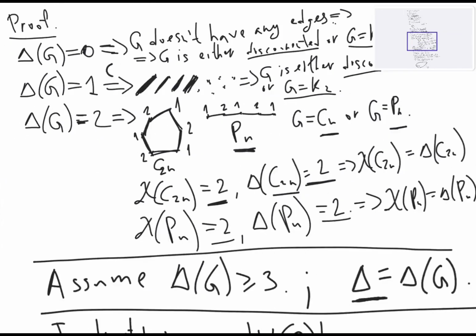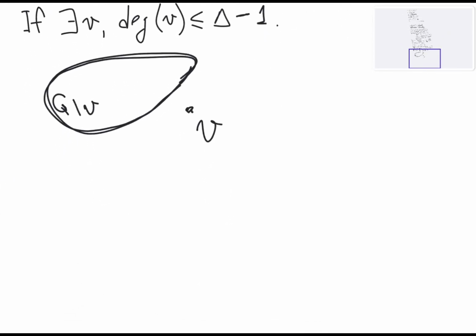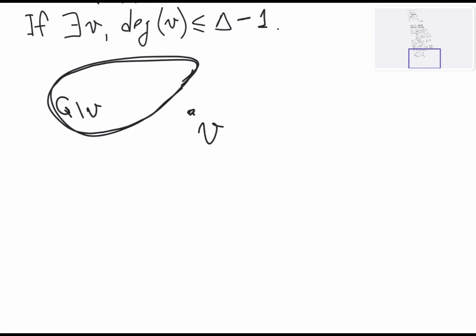So when we use the induction, we cannot directly apply the inductive hypothesis to this graph G minus v because we don't know if it's connected or not. So what we can do is only to apply it to every connected component in the graph.